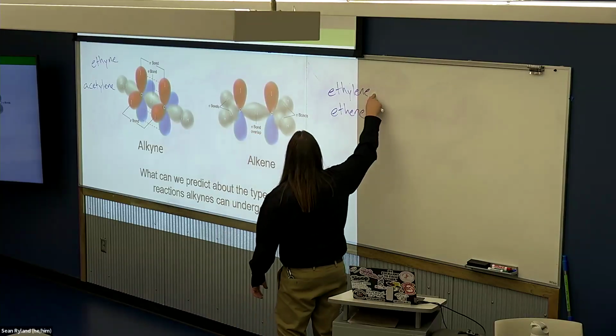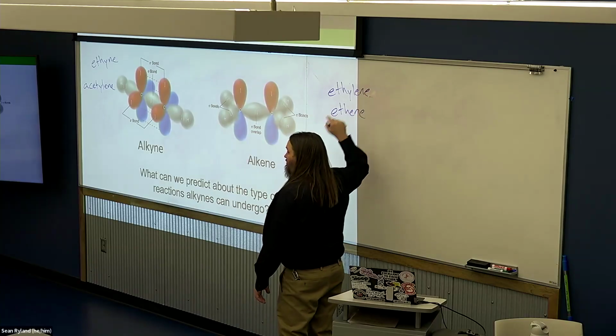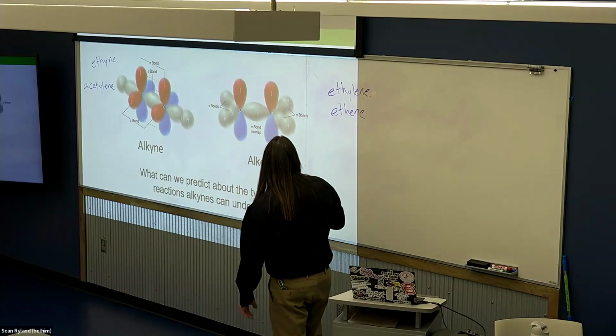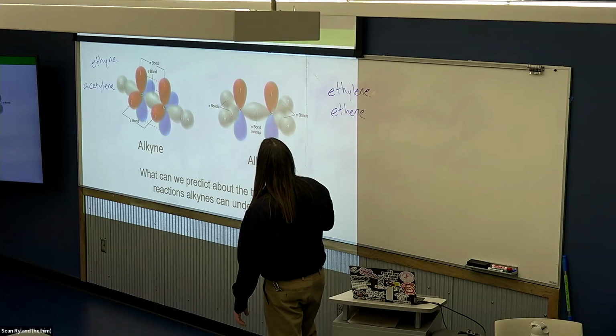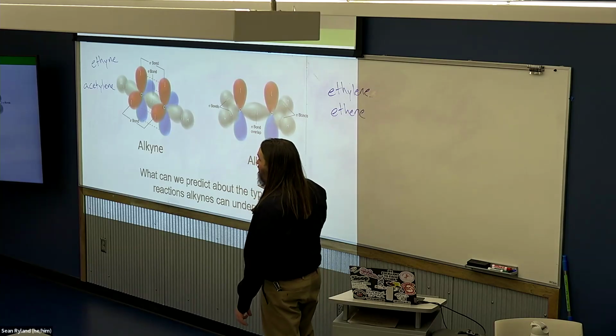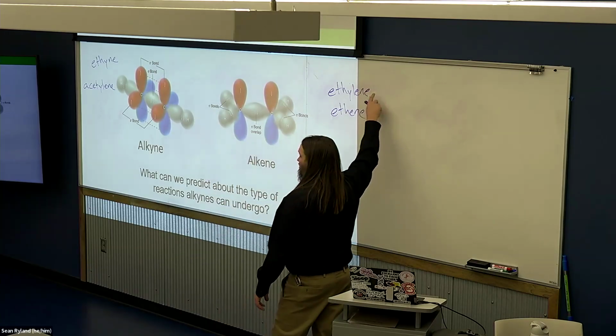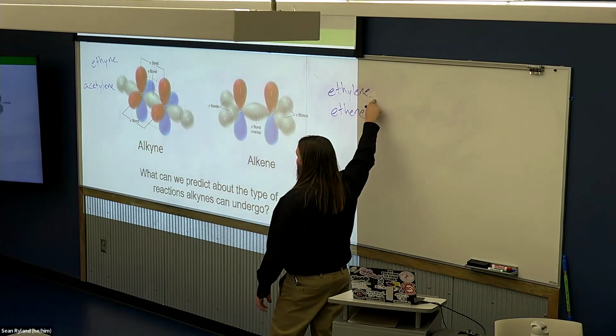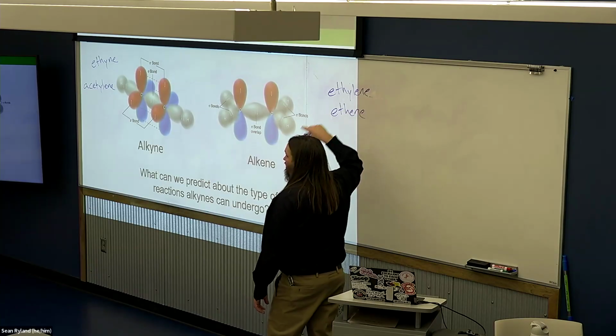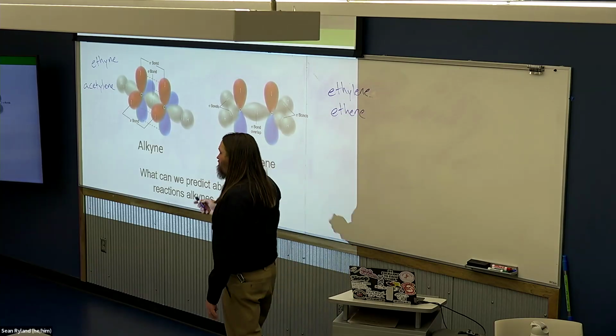And then ethylene, you'll still see ethylene used a lot, especially in biology textbooks. It's a plant hormone, and so it still gets used a lot by its whole name. They actually use this commercially when you're shipping produce.